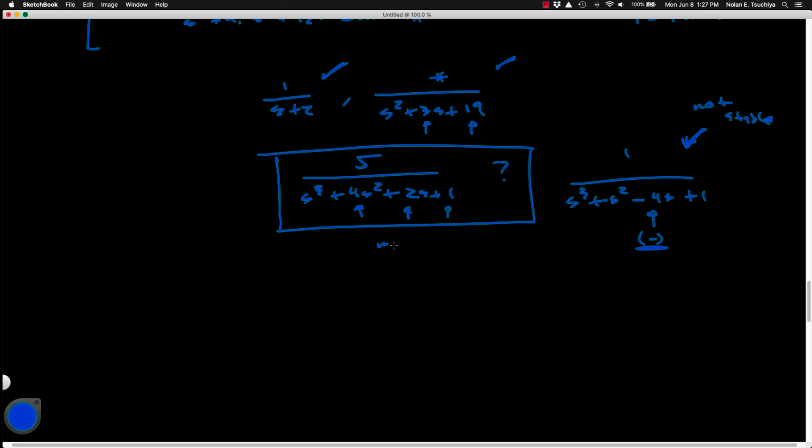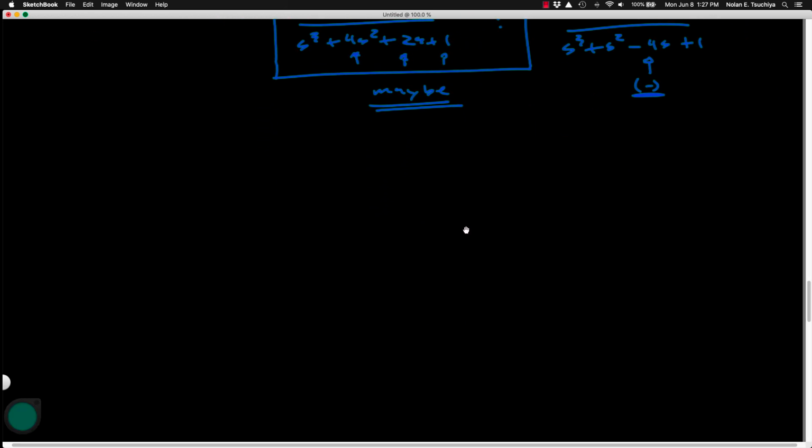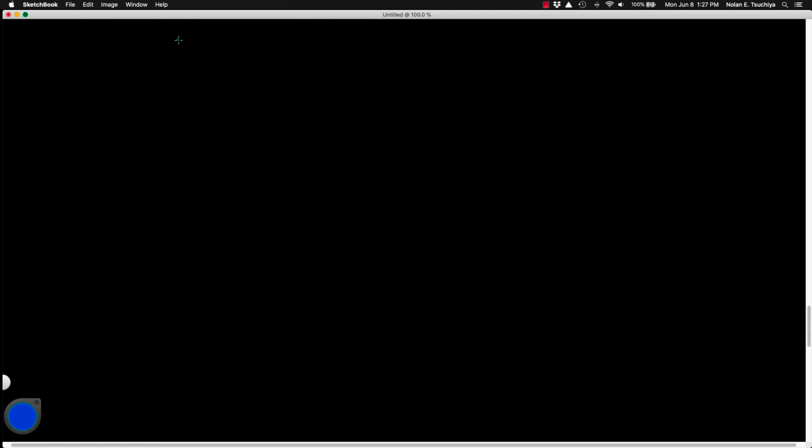For all the maybe scenarios, we have a tool to analyze those. That's where we're going with all of this. The tool is called the Routh-Hurwitz stability criterion.